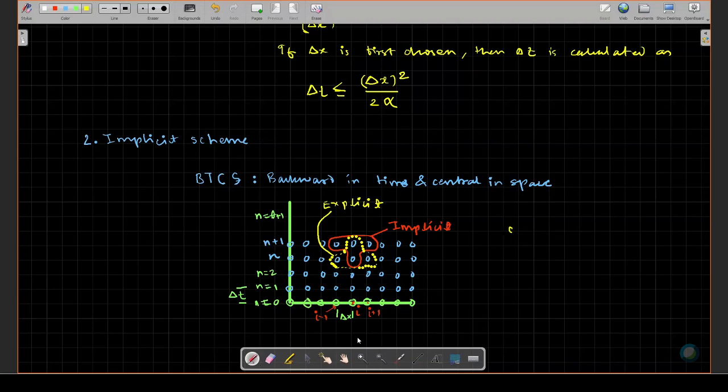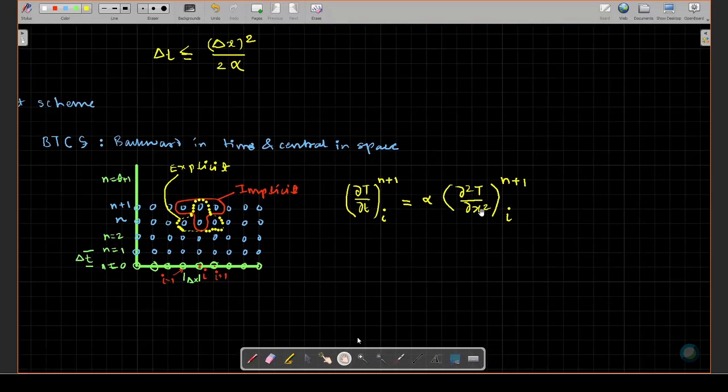The del t will be calculated at I, but at n plus 1, equals alpha del 2t del x2, again calculated at I but at n plus 1. Now if you discretize this using backward in time and central in space, backward in time means n plus 1 minus n.